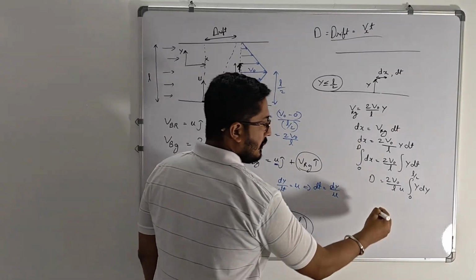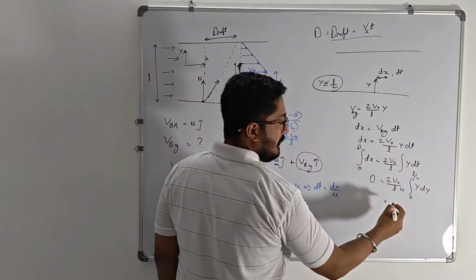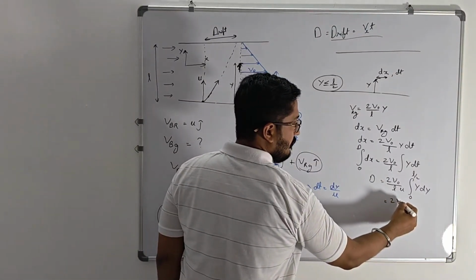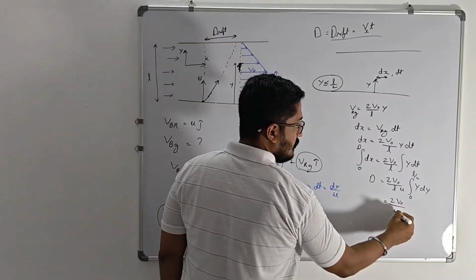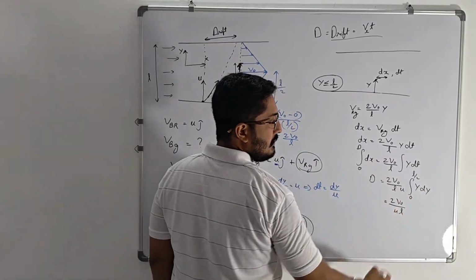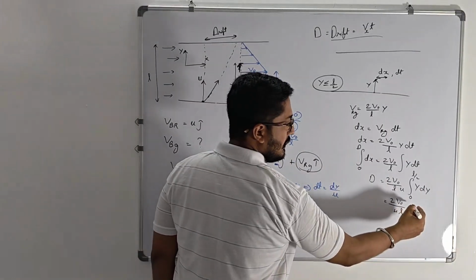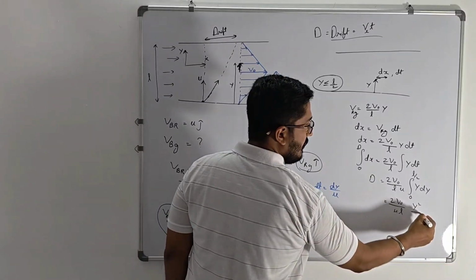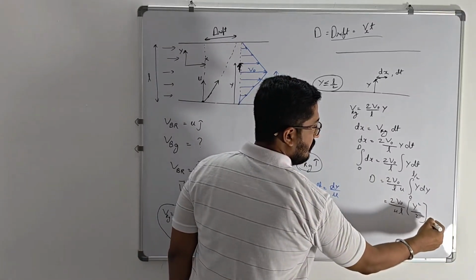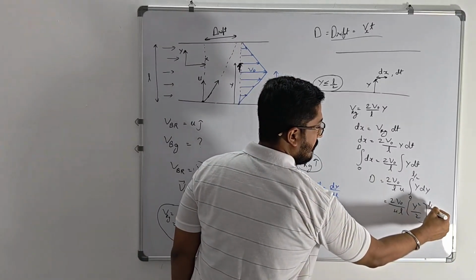With this I'll obtain 2V0 by uL times the integration, which gives y squared by 2 with limits from 0 to L by 2.